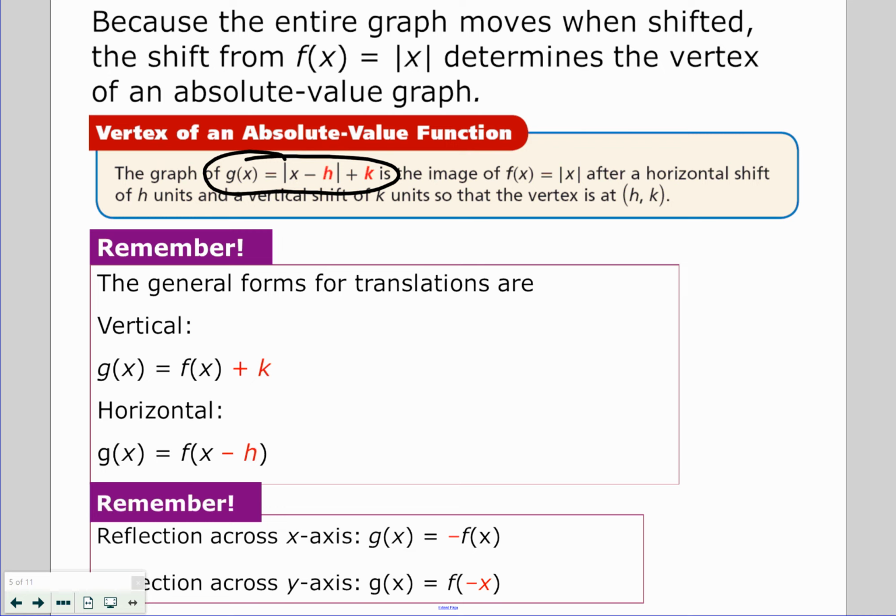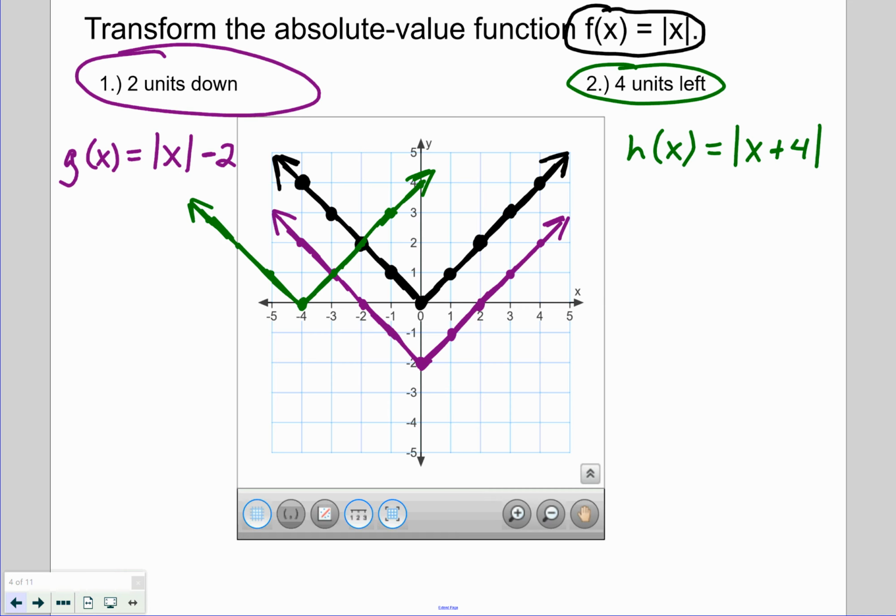Now here's the interesting thing, and it's true for any formula you're using, whether it's in my class or another class. Do you see the addition sign before k there? Right? Whenever there's an addition sign, it's going to act how you would expect. We went down 2 units, and down 2 units is minus 2.